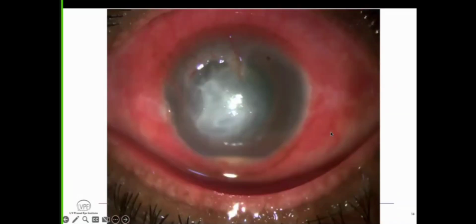Okay, so any differences that you can find here from all the previous images? Okay, it is forming a kind of pannus, and leucoma. Okay, so there are areas of scarring present.